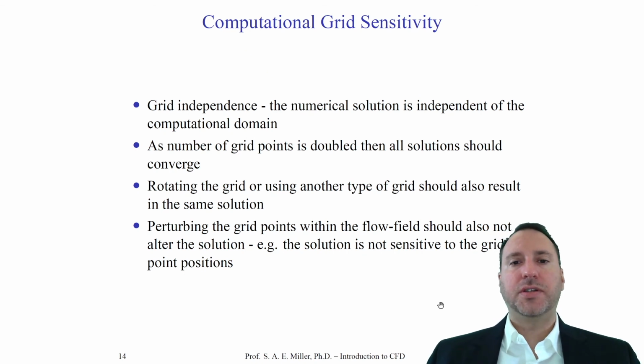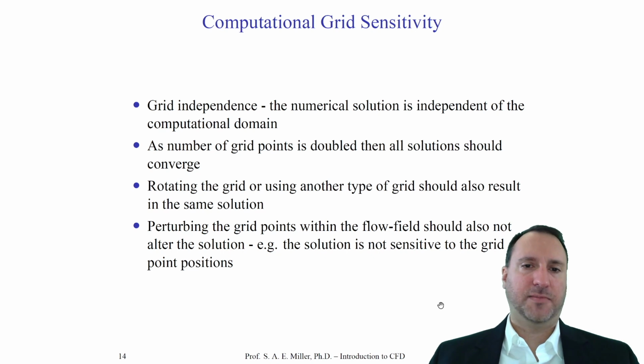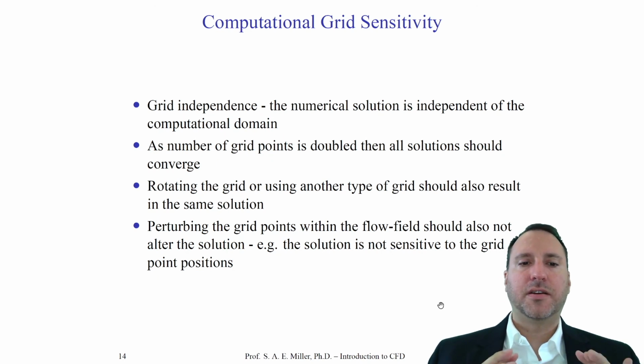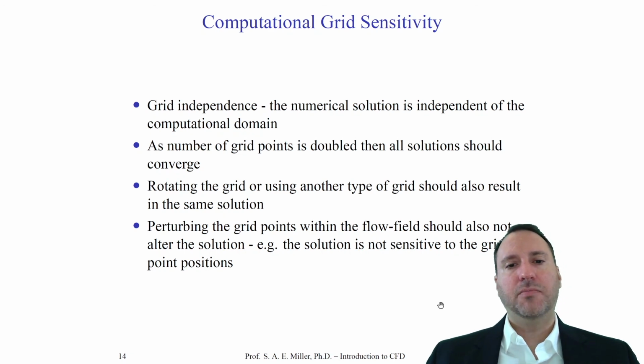Rotating the grid or using another type of grid should also result in the same solution. For example, if you have a grid and you're able to rotate it within the fluid domain and you find the same solution, then you have a grid-independent study. Finally, if you perturb the grid points, that means if you have a grid and you move every tiny little grid point within it a little bit, epsilon, in either direction, enough to affect the solver, but you retain the same solution, you might also say that your grid is not sensitive.